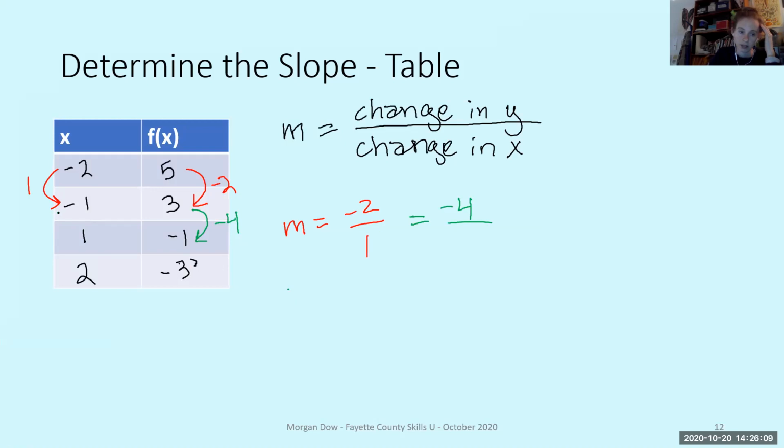And going from -1 to 1, that is an increase of 2. We get 2 on the bottom.